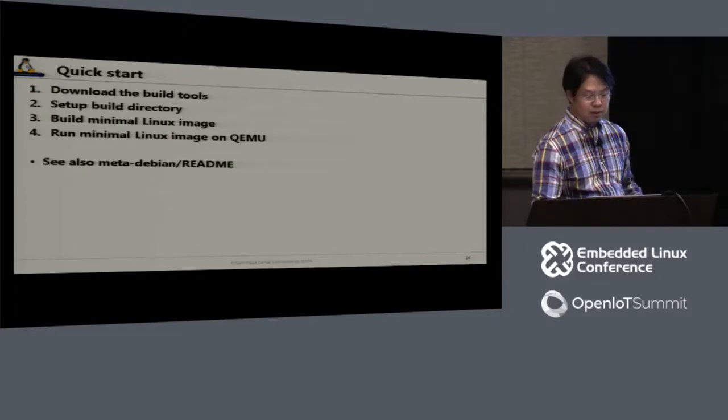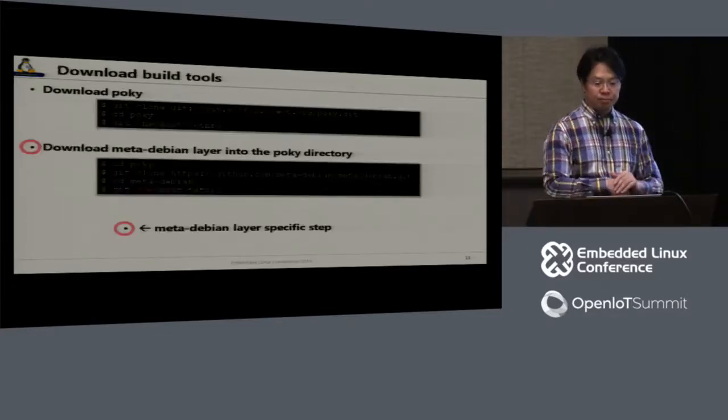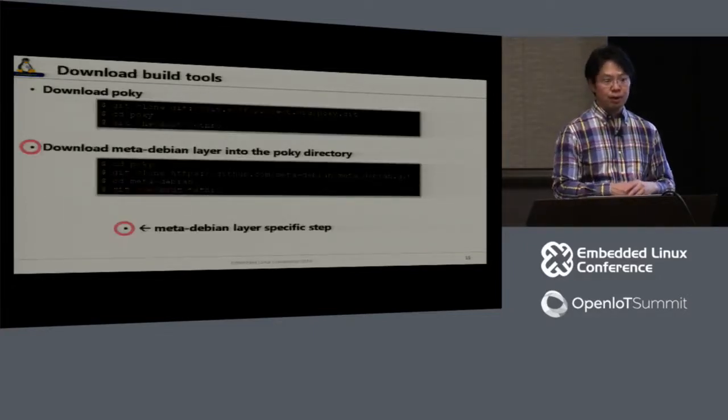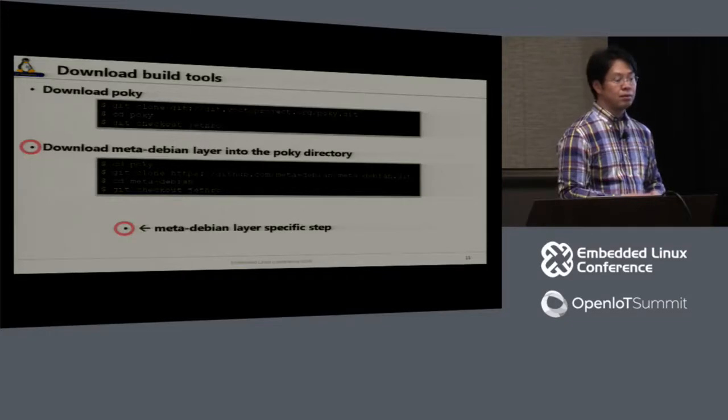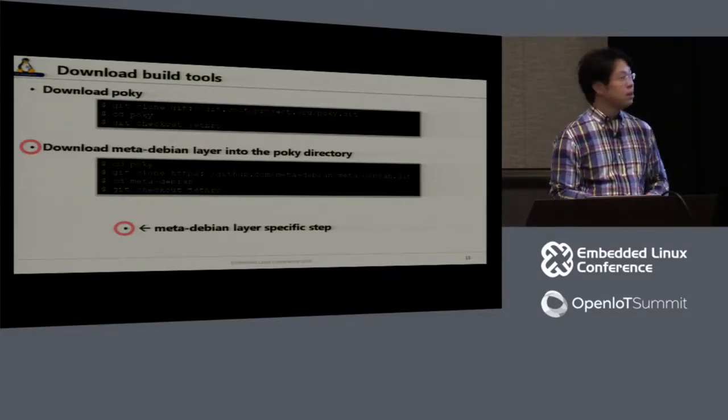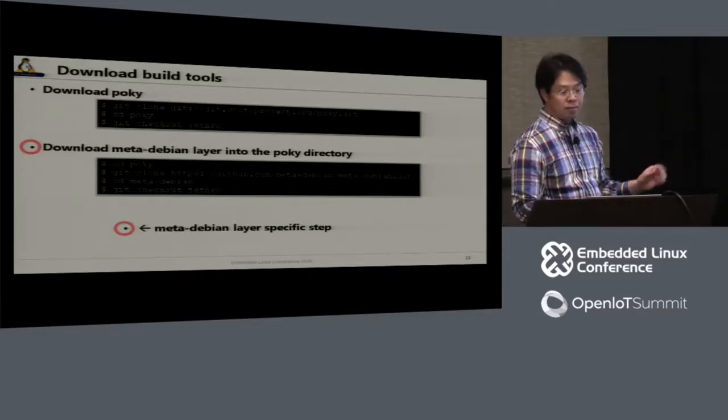So, the following slide explains how to use the meta-debian layer. This is a quick start. When you download the Poky environment, you need to copy Poky itself. Then you also need to add the meta-debian layer into the Poky environment.